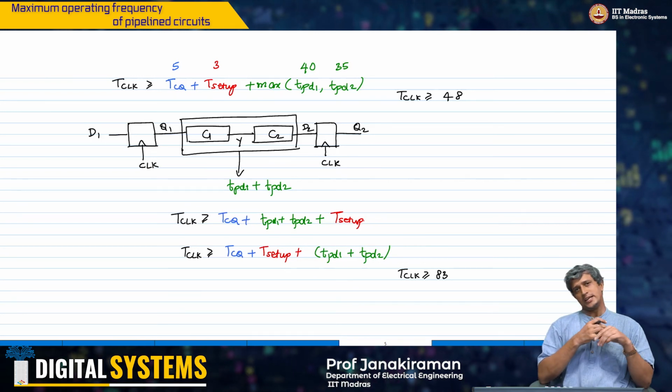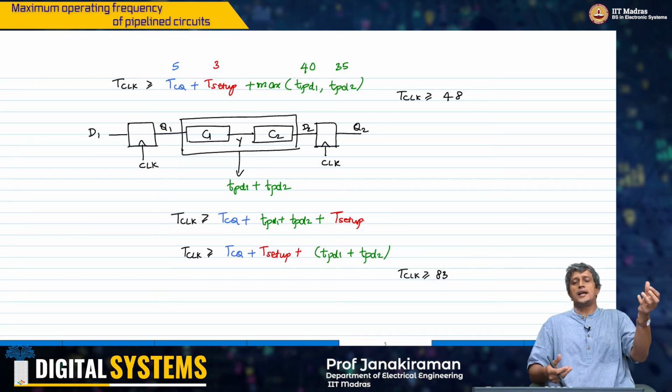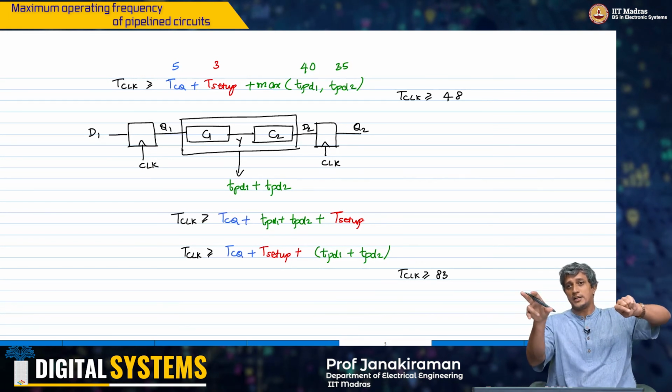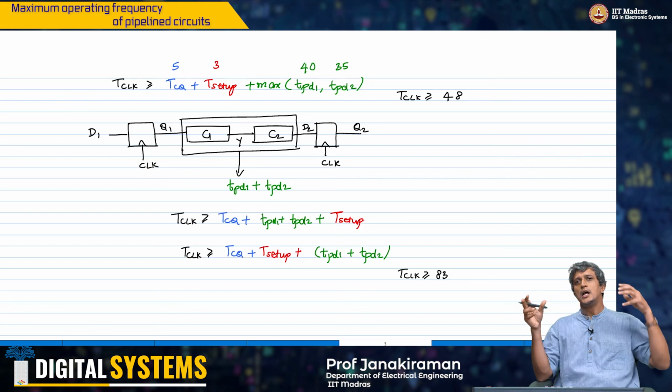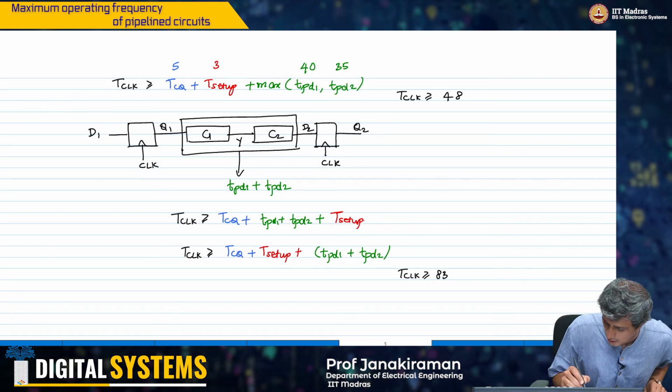Now what is hidden here is that every time you add a flip-flop, there is a certain delay associated with going from the clock to Q, and the setup time. Data has to be ready before that setup time, right. Because of this, you have what is known as the sequential overhead.